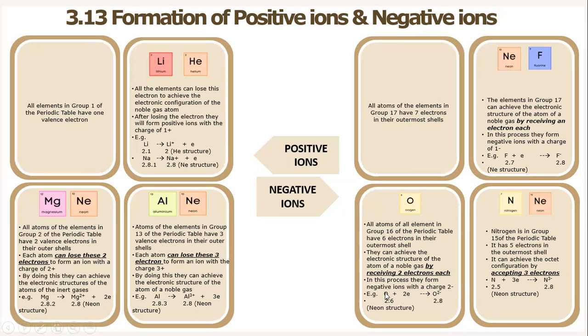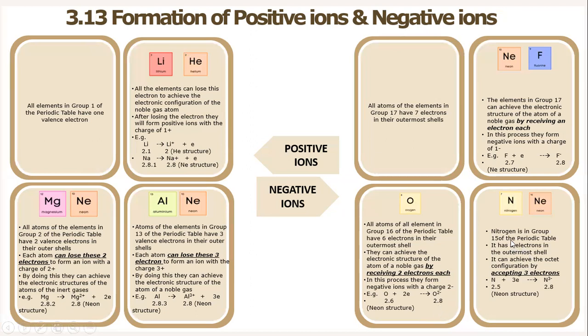For example, the electronic configuration for oxygen is 2.6, but by receiving 2 electrons, it becomes oxygen with a charge of 2 negative, and the electronic configuration for oxygen 2 negative will be 2.8. So it also carries a neon structure.